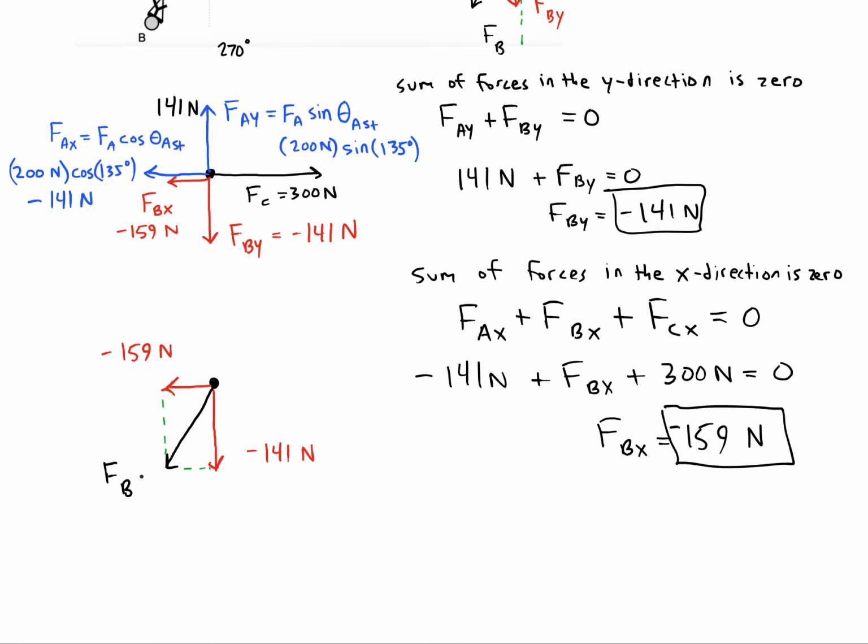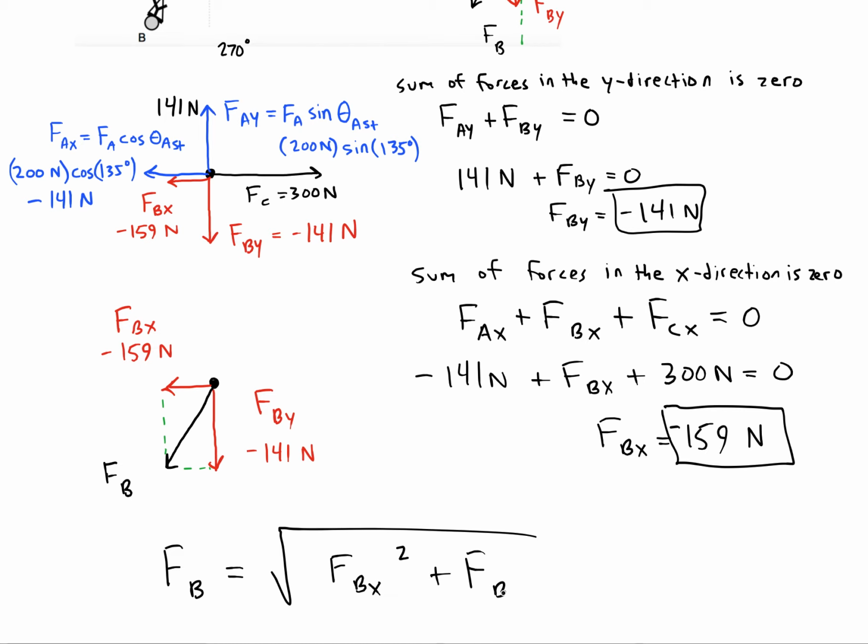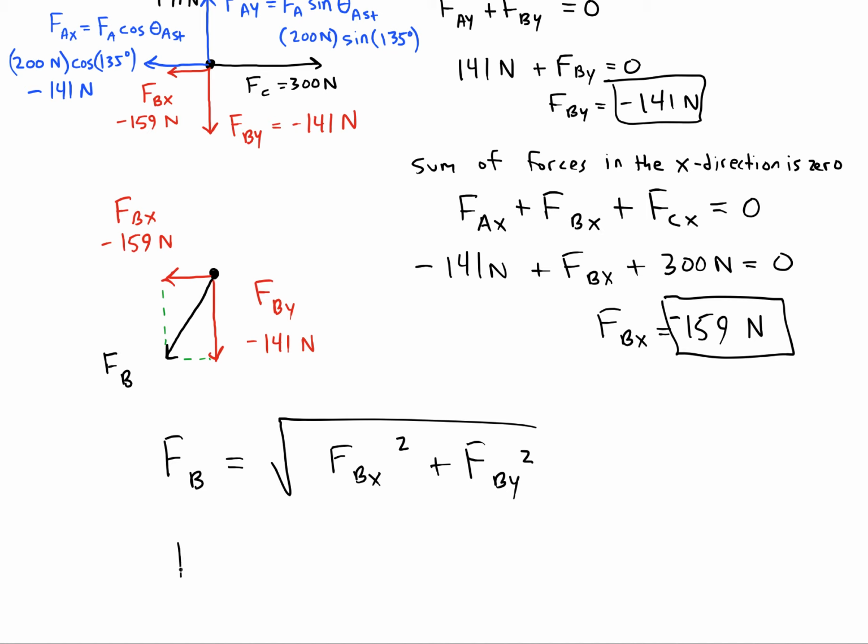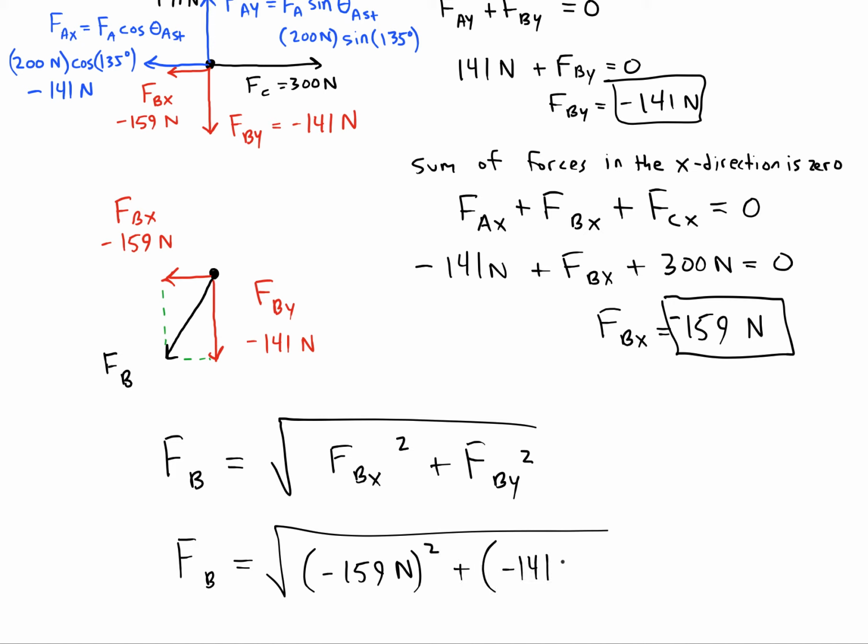And now to get the magnitude of Fb, you take its components and you do this. The magnitude of Fb is going to be the square root of the squares of its components. So we'll just want negative 159 squared plus negative 141 squared, 213 newtons.